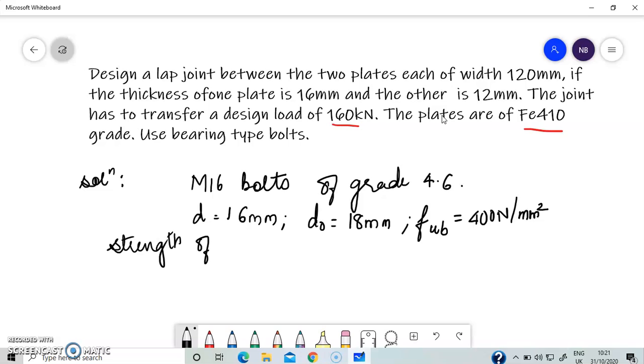To find out the strength of the bolt, since this is a lap joint, we know that Nn is equal to 1 and Ns equals 0.